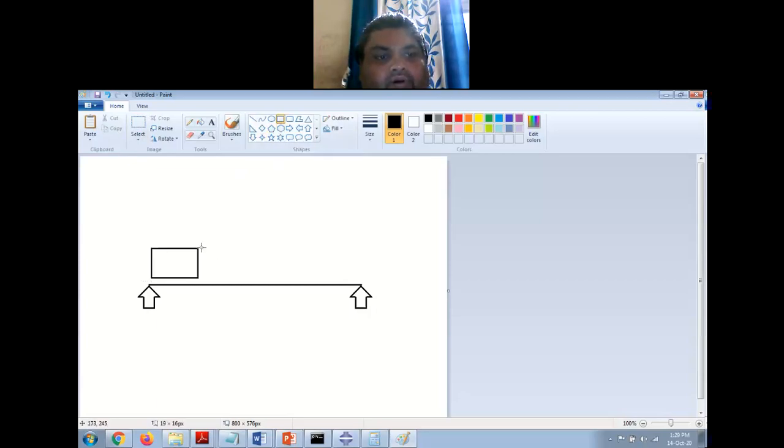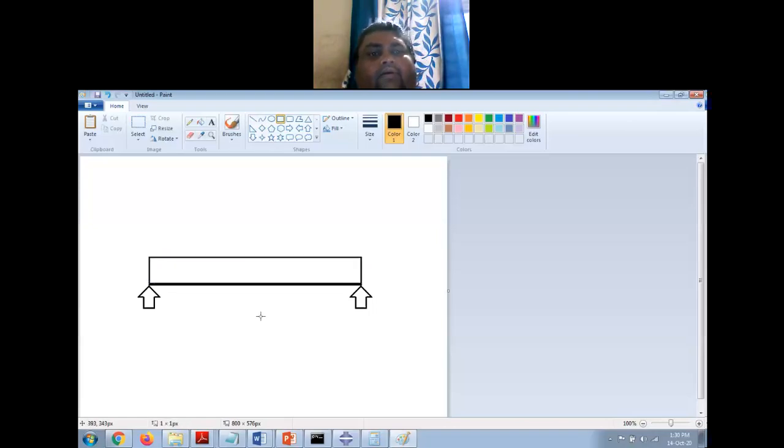So I will draw a rectangle like this, and I will just fill this rectangle.